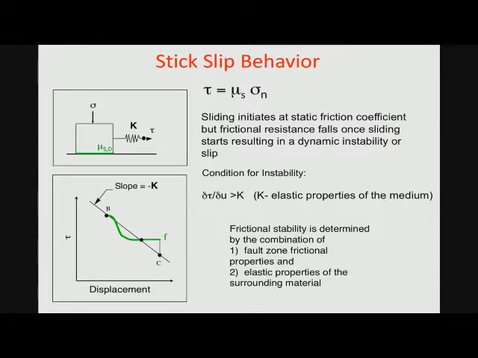The importance is that frictional stability is both a function of the actual friction on the fault, but also the property K, which can reflect the elastic properties of the medium. So whether you're going to have earthquake behavior, stick-slip, is a combination.